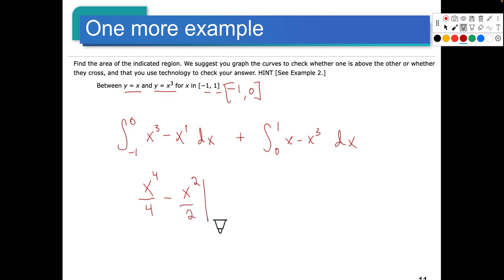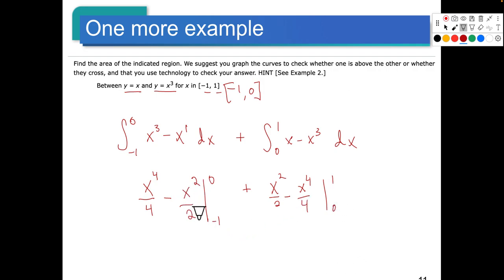And this one we want to do from -1 to 0. Remember, I told you about 0 being one of my favorite numbers because it makes the calculations nice and easy. So that's one problem over there. And on this side, we're going to have x squared over 2 minus x to the 4th over 4, but this one goes from 0 to 1.